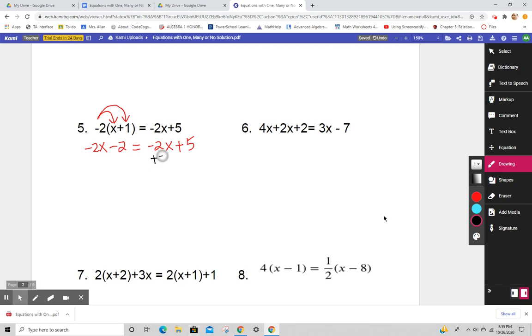So let's add 2x to both sides. All right, this will cancel. This cancels too because I have a zero pair here. One is positive and one is negative. So this leaves me with negative 2 equals 5, and they are not equal. So this gives me how many solutions? No solution.